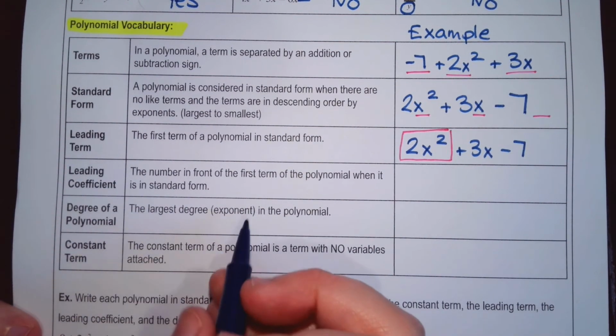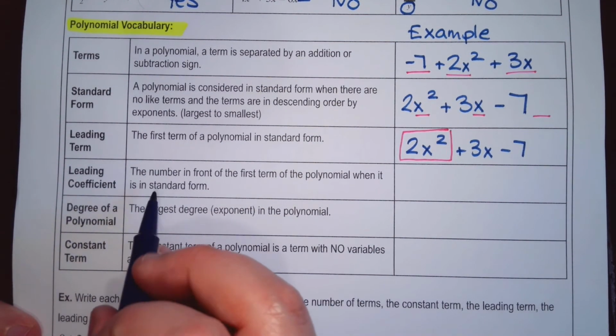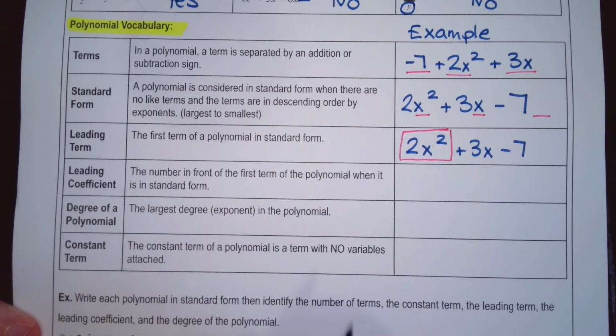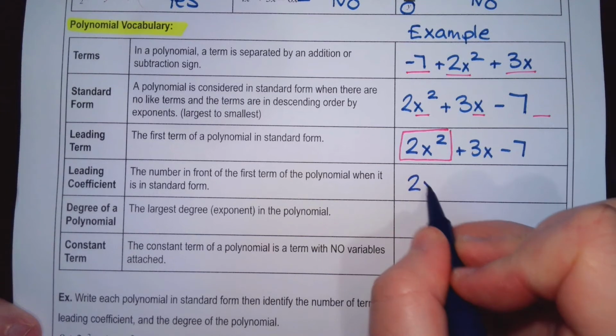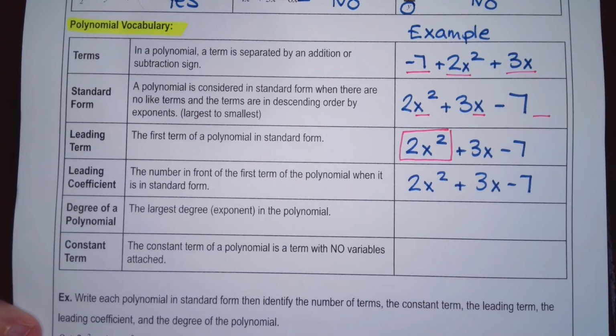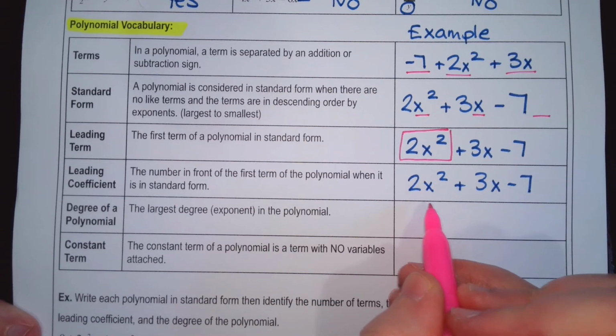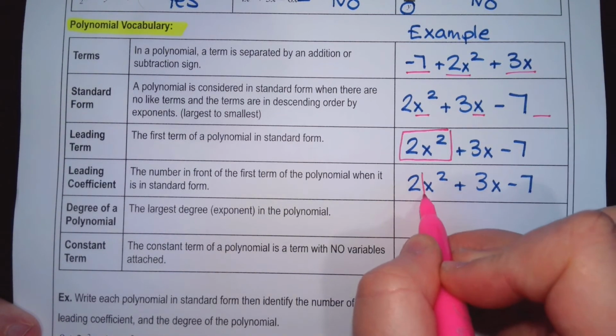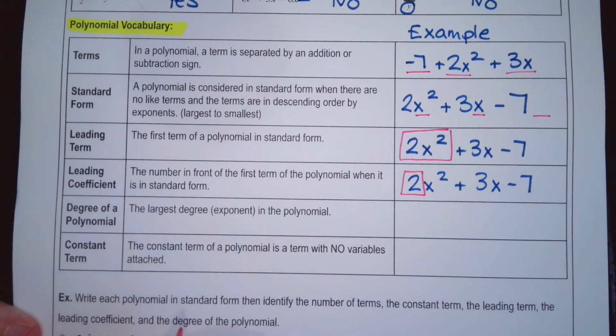Next, we have leading coefficient. The leading coefficient is the number in front of the first term of the polynomial when it is in standard form. So 2x squared plus 3x minus 7. Our leading term is 2x squared, but my leading coefficient is 2.